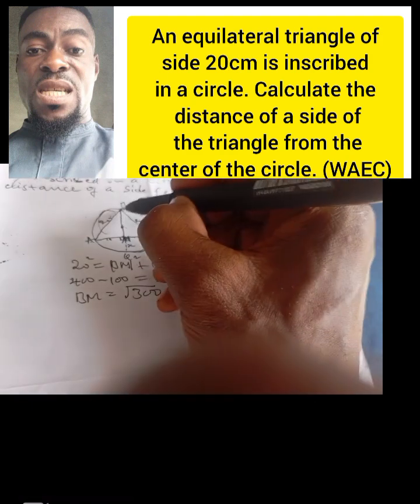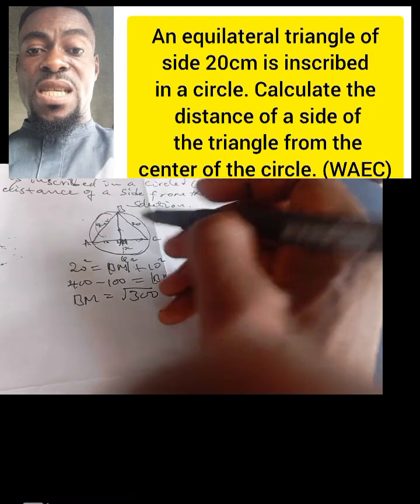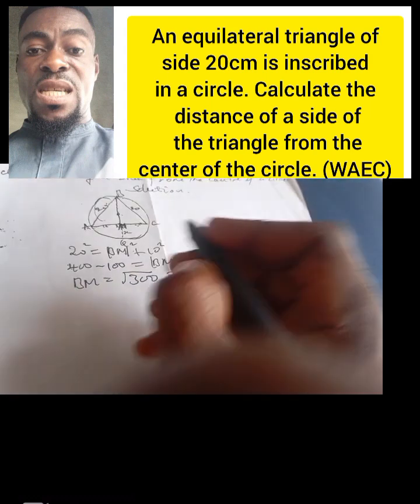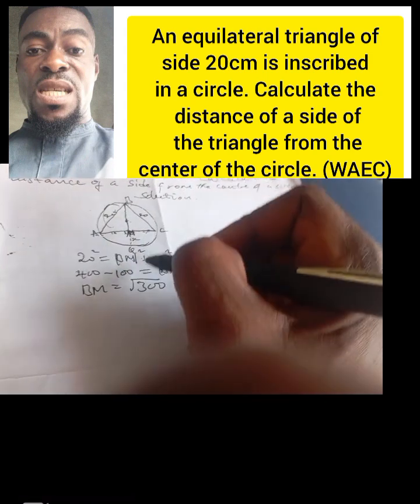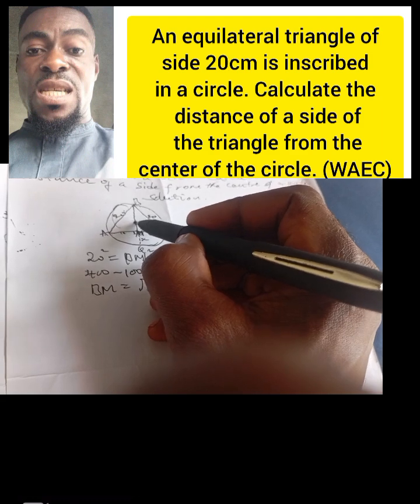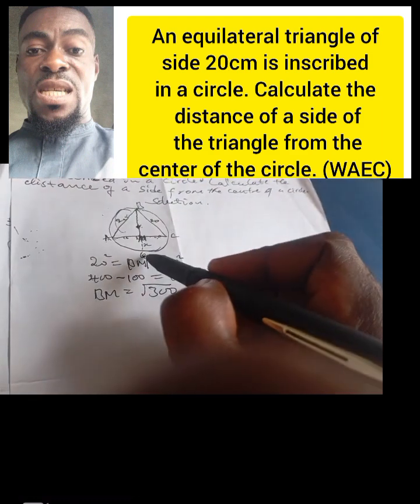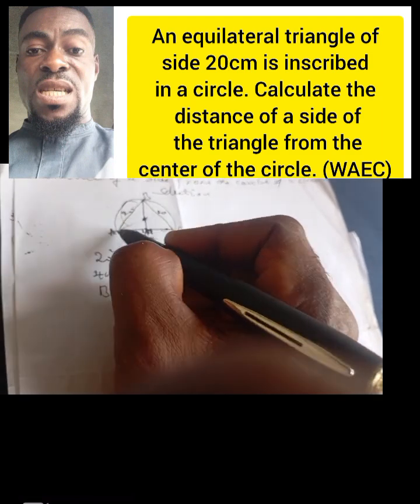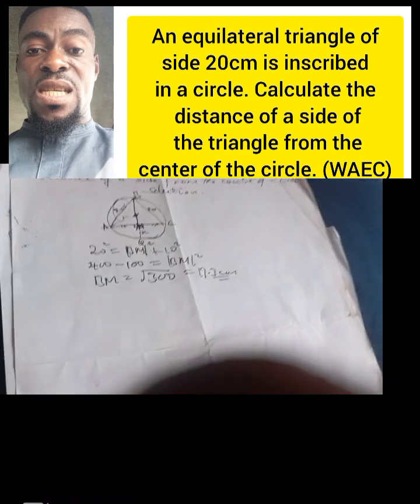We need to find the diameter, this diameter, BQ. Knowing that BQ is the diameter, and this is O, center O, OQ is equivalent to OA, which is R, that is the radius.